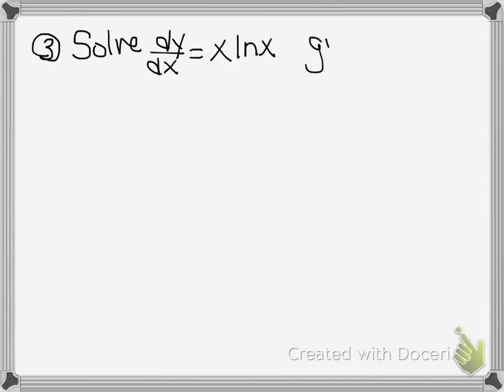All right. Changing up a little bit and saying, oh, solve the differential equation dy dx equal to x ln x, given, of course, we're going to have an initial condition, y is going to equal -1 when x equals +1.